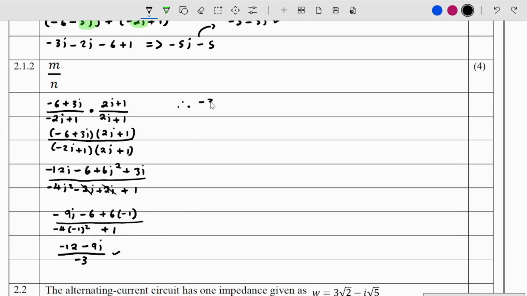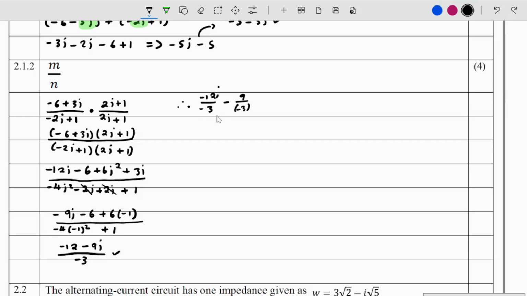So you're going to have negative 12 divided by negative 3, and then also negative 9i divided by the denominator, negative 3.